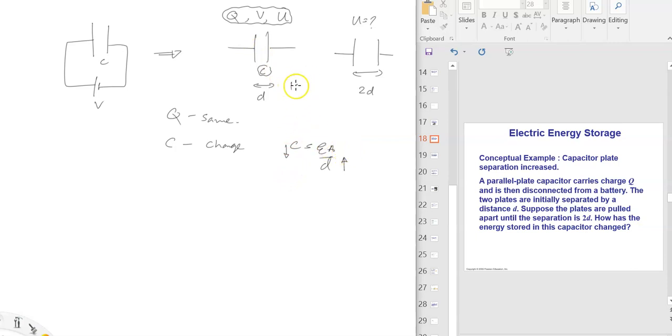If this was 100 microfarads, now the new capacitor will be 50 microfarads. Okay, so capacitance changes. Now let's think about energy. We know that this remains the same, but this changes. Energy is given by, if you think about the three equations, in this case, let's talk about this one: half Q squared over C.